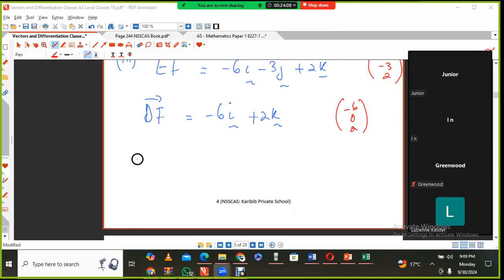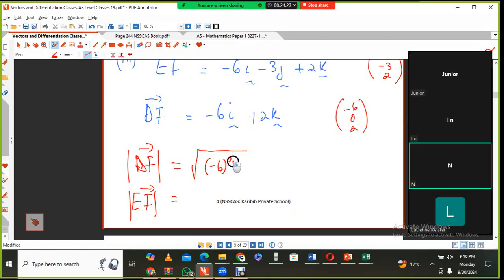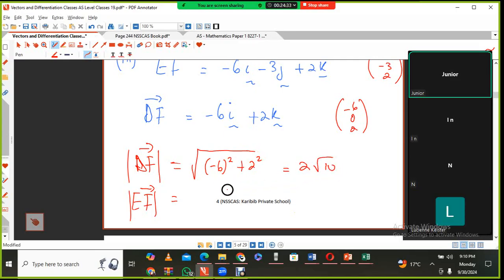All right, we also need to find the magnitude of the vector DF and also the magnitude of the vector EF. So what is the magnitude of DF? Square root of minus 6 squared plus 2 squared. There's no j value.